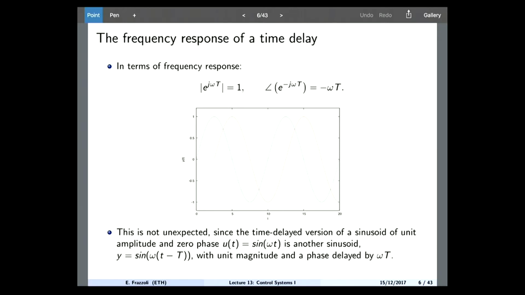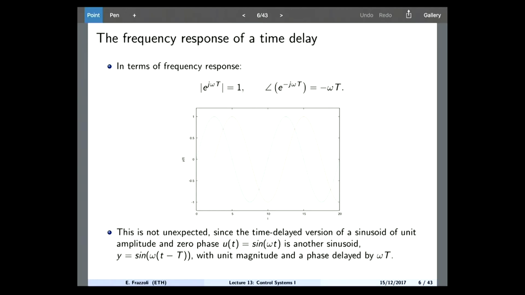So what can you say about the amplitude of the frequency response? For whatever frequency, the magnitude of the output will be exactly the magnitude of the input. So the magnitude of the frequency response is 1, period, for all frequencies omega.